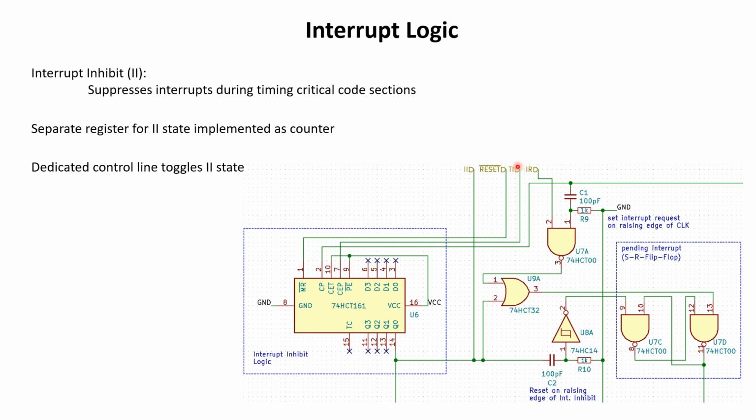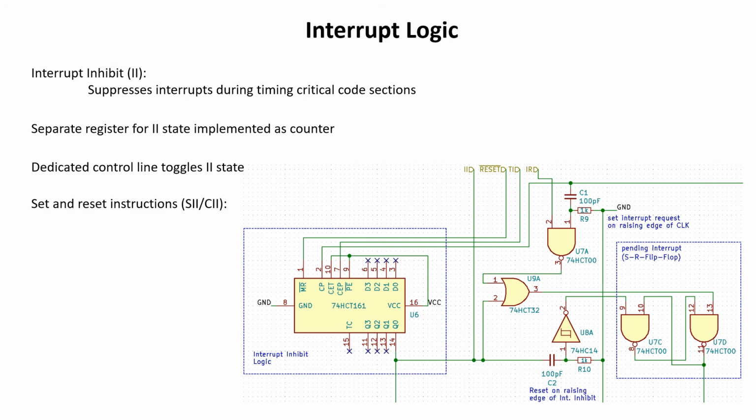And when this control line is set, the count enable of the counter is enabled, and so whenever the clock pulses and the TI control line is set, the counter toggles the QO bit between set and reset, and this allows with just one single control line to switch between set and unset inhibit state.